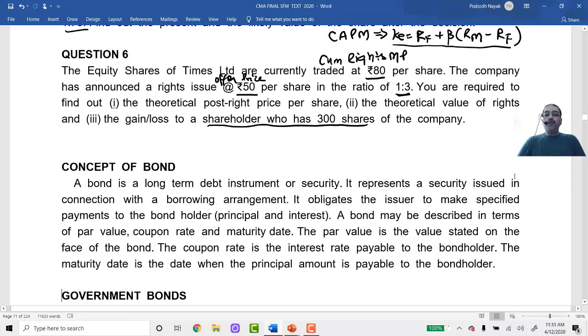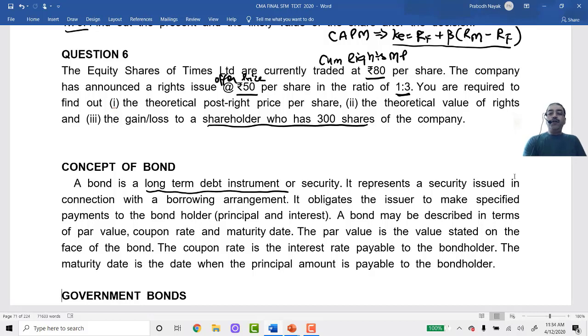So first of all, what is a bond? A bond is nothing but a long-term debt instrument, where a long-term loan is taken in the form of a bond. So it is a security. Bond is a security with a borrowing arrangement.